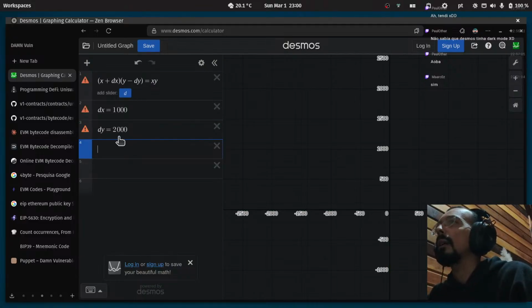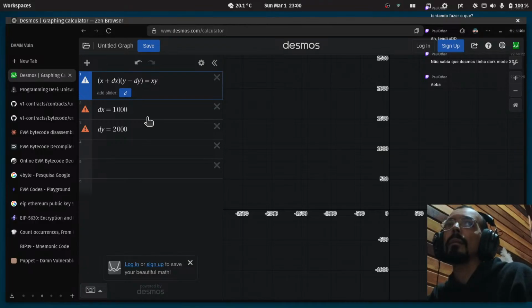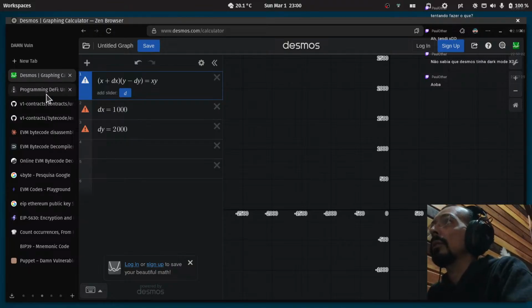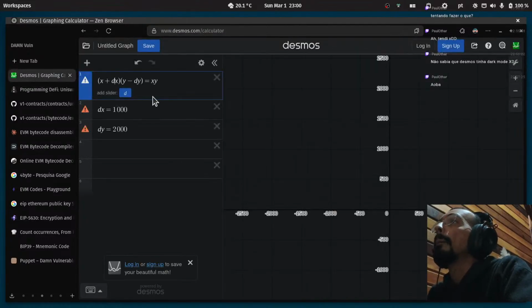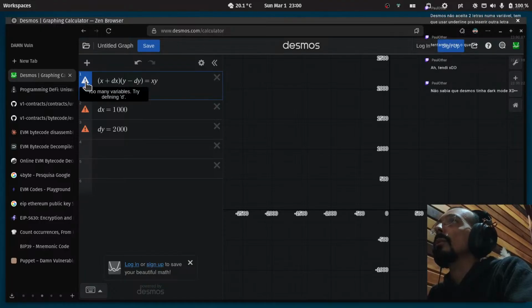Really? It thinks it's two letters? I'm trying to see that formula in a graph, just because it's easier to grasp. But I cannot use something here.